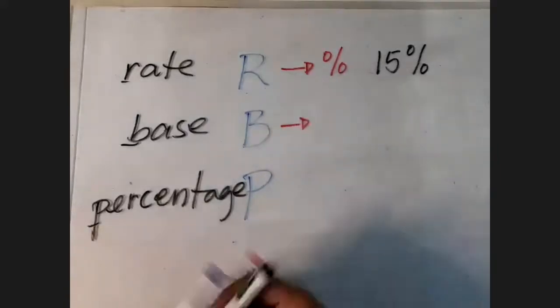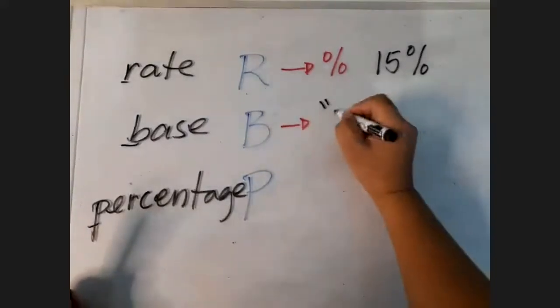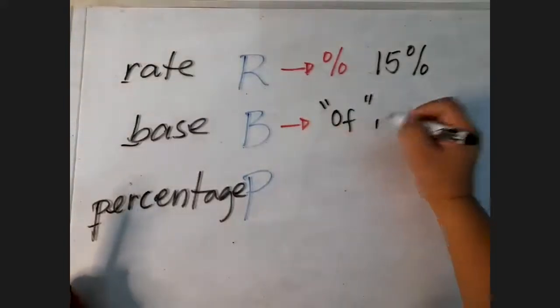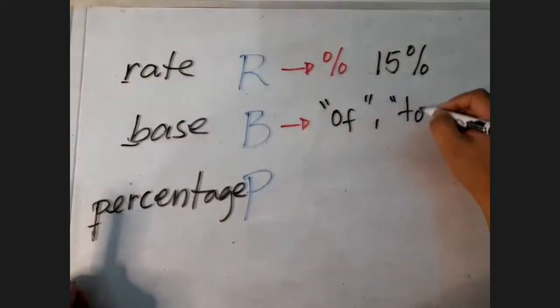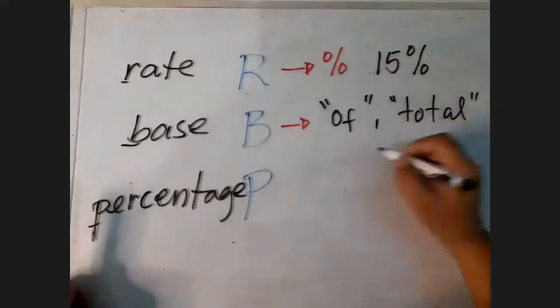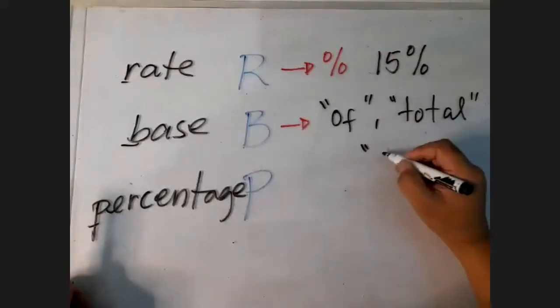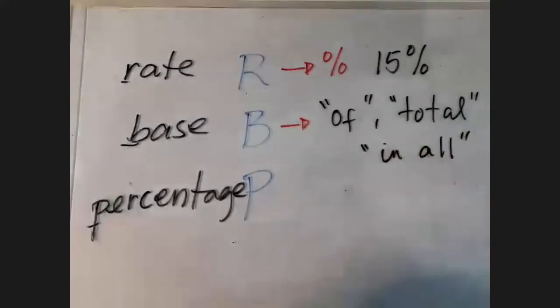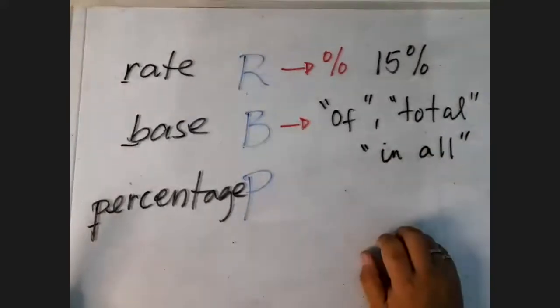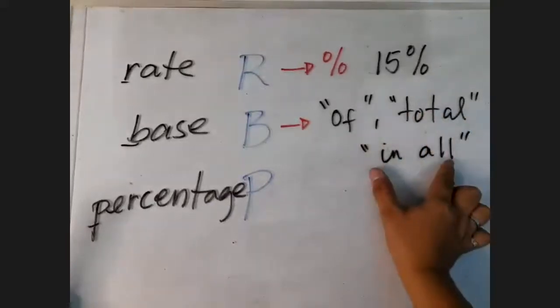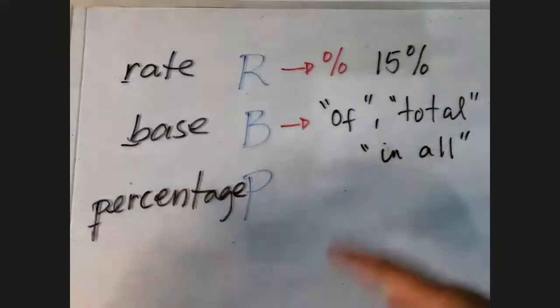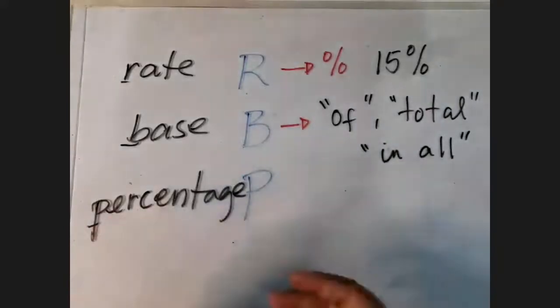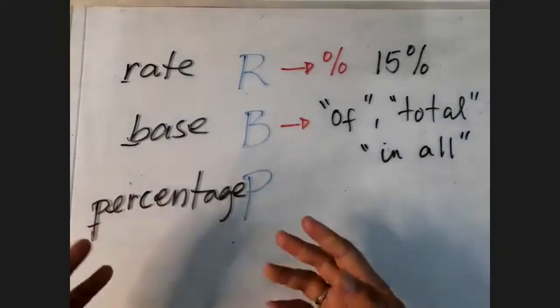We have the word of, total, and in some cases, yung phrase na in all. Okay? So, these phrases or these words, yung of, yung total, at saka yung phrase na in all, would tell you that the number that goes with it is the base.